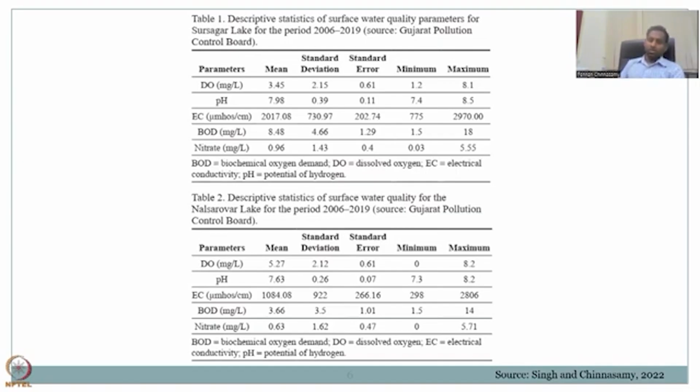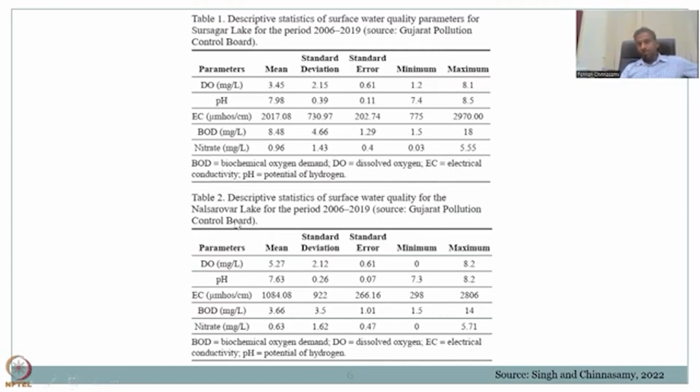And you can see that Gujarat Pollution Control Board is the data set that we use. And they have beautiful data for biochemical oxygen demand, BOD, dissolved oxygen, EC, excuse me, and then pH.